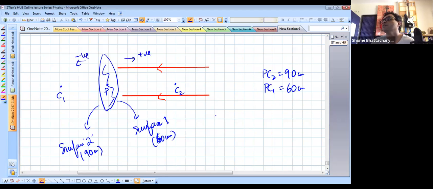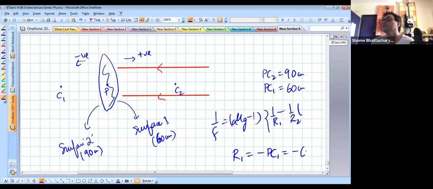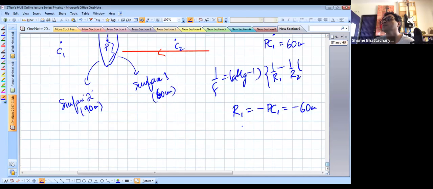So we will get 1 upon f as the refractive index of glass with respect to air minus 1, times 1 by R1 minus 1 by R2. But the only thing is now I'll have to substitute R1 as minus PC1, so that is minus 60. And I have to substitute R2 as positive of PC2, that's positive 90. So you will get the same focal length but with a negative sign because it's now on this side.